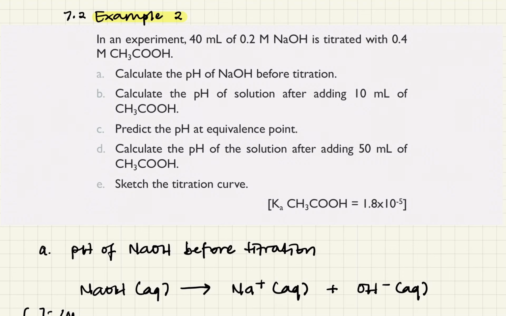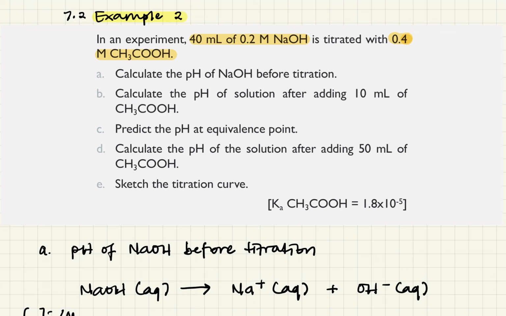Alright, so second example here. The question says: in an experiment, 40 milliliters of 0.2 molar sodium hydroxide is titrated with 0.4 molar acetic acid, CH3COOH. So who is our titrant, who is our analyte?